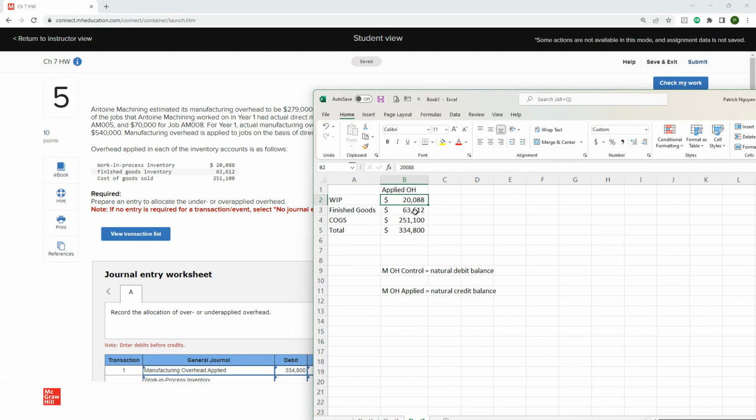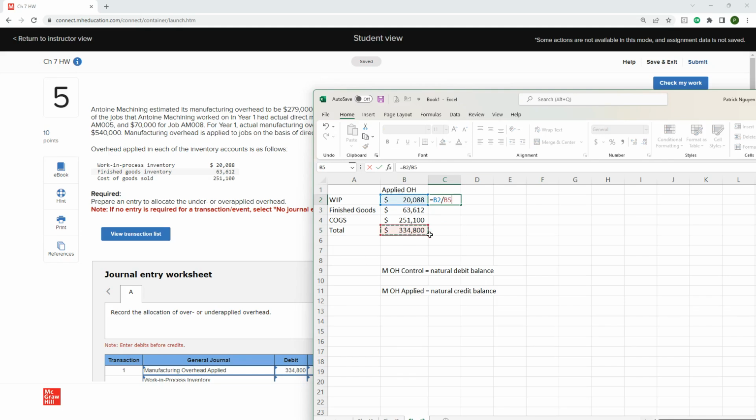So to do that, I'm going to do equals the work in process amount divided by the total amount. And for the total amount, I'm going to push F4, which adds these $ figures before the B and before the 5, and that will make it a hard reference. And I'll show you what that does in a second.